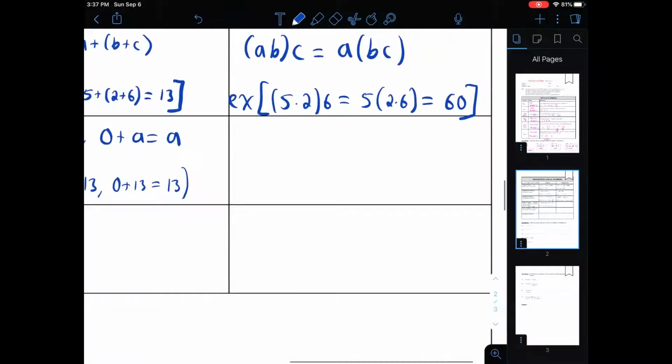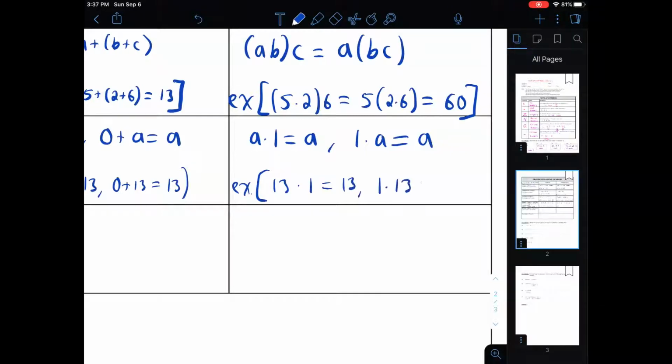Okay? And then the identity property for multiplying by 1: A times 1 equals what? It equals A. And 1 times A equals what? Equals A. So we have 13 times 1 is going to equal 13. We also have 1 times 13 is going to equal 13.